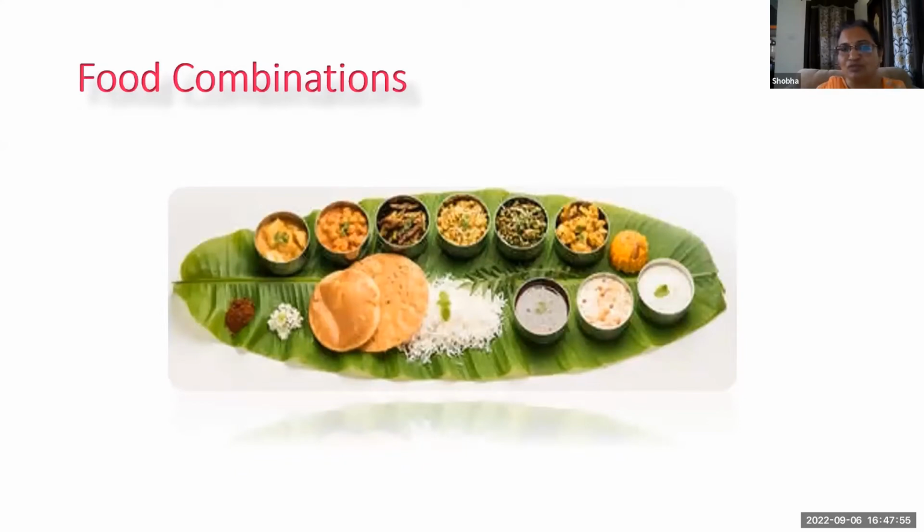When it comes to food combination, it is very important for a diabetic to have a proper combination so that you have a sustained release of glucose, which is very important. Sustained release of glucose means that digestion should be a little slow, moderate, not fast. And fiber should be adequate so that it controls the digestive speed.